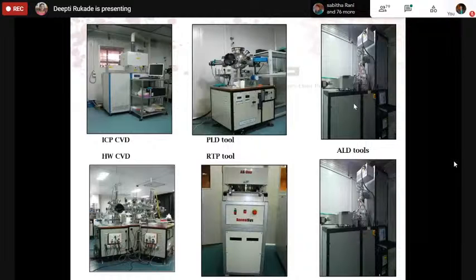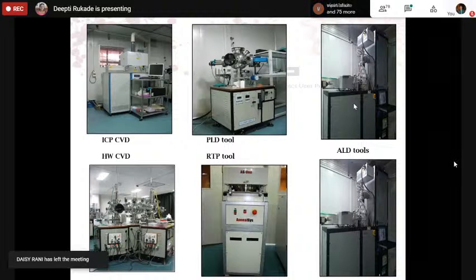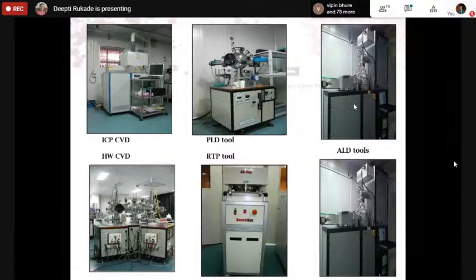So when I say PLD4 is open for uncontrolled access, it means you can use the materials which you have synthesized in your college, your labs, or anywhere. You can use that target or tablet in PLD4 and do deposition based on that.